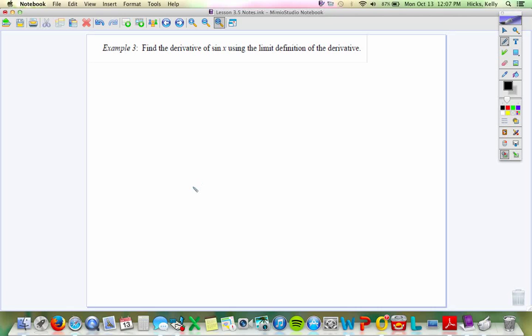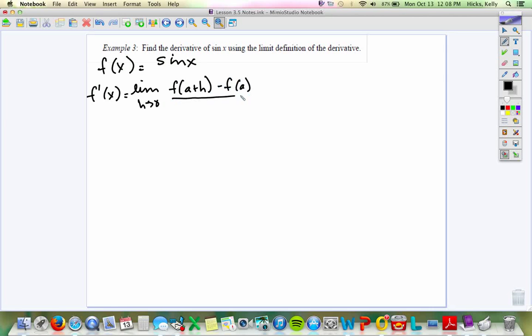All right, so let's look at example 3. Find the derivative of sine x using the limit definition of the derivative. We need to use the old-fashioned limit definition of derivative. So what we'll have is f prime of x equals the limit as h approaches 0 of, I'm going to write it out the long way, f of a plus h minus f of a, or that could be an x, over h.